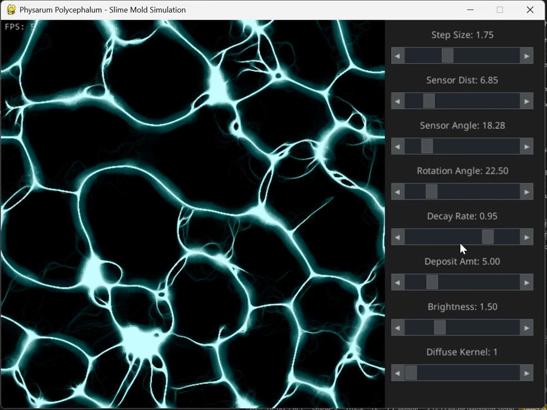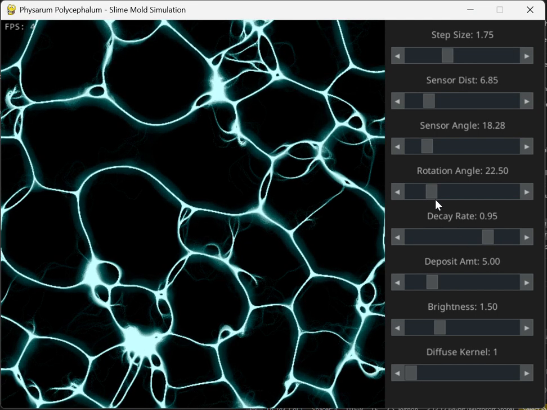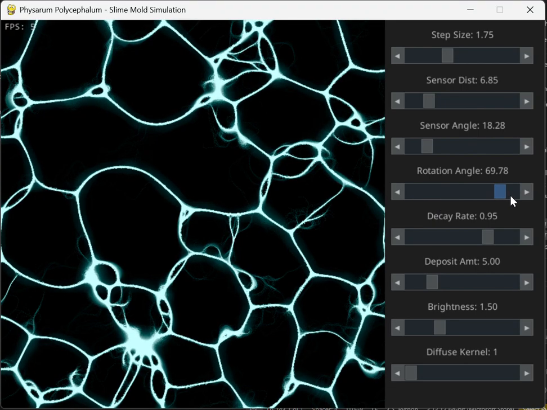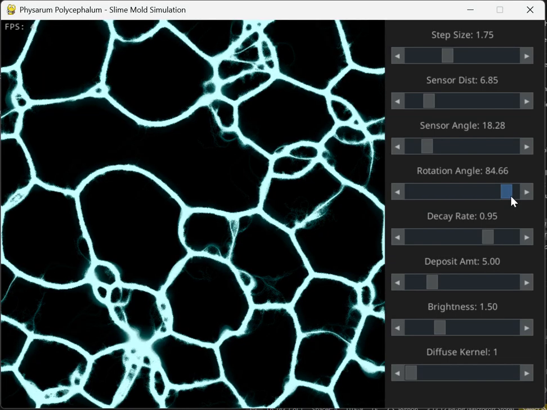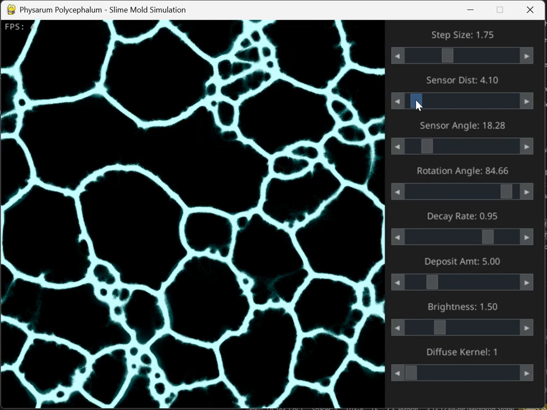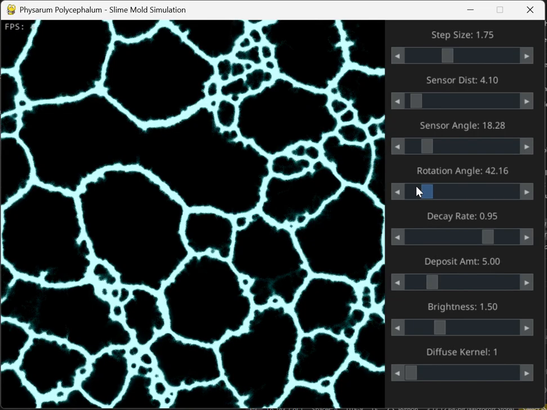The fourth parameter is the rotation angle. It is how sharply an agent can turn. A higher value lets them make a sharper turn, which tends to make the network more branchy. As you can see, the lower value makes them turn more gently, creating smoother, more flowing trails.